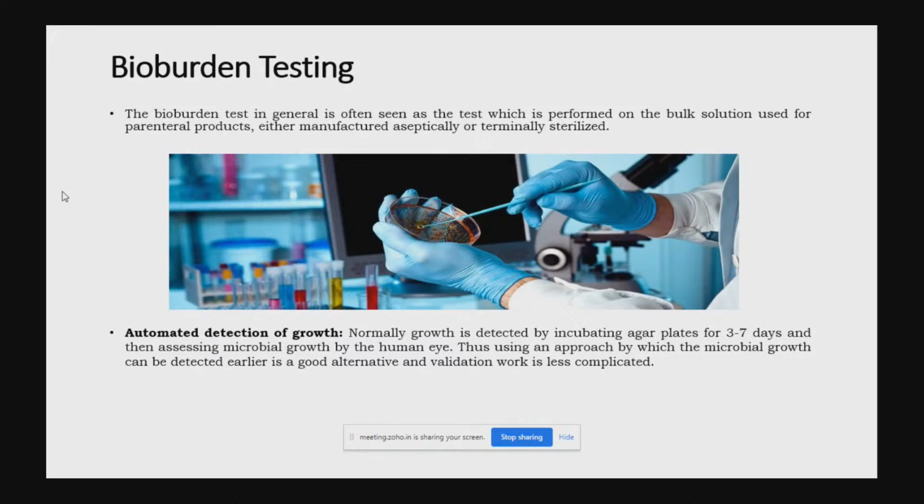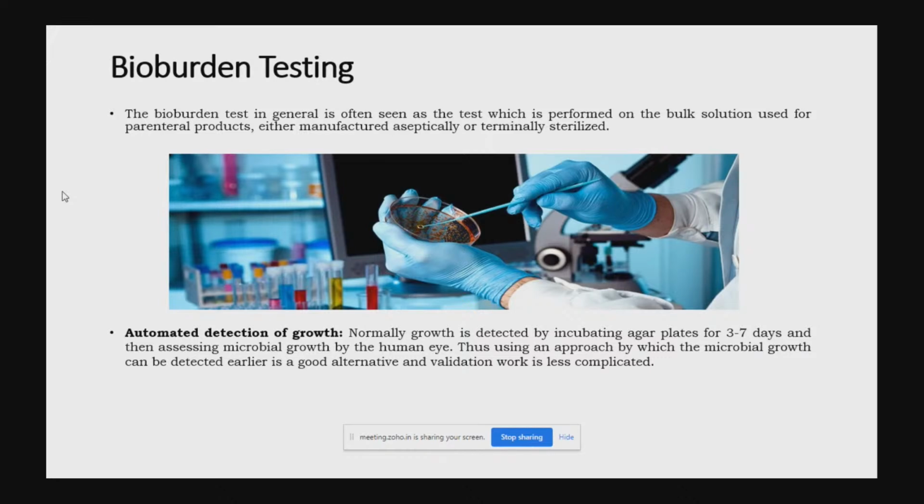But in the current scenario, there is some advanced technology in the market. So there is automated detection of growth also available. Normally, growth is detected by the conventional method, by incubating the agar plate for 3 to 7 days and then assessing microbial growth by the human eye.